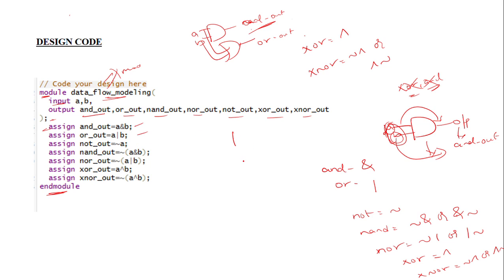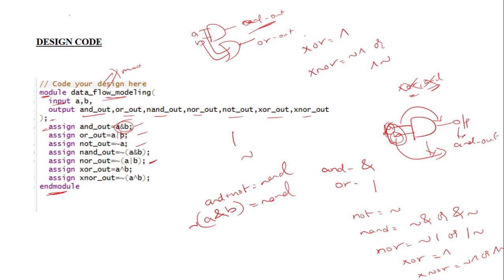For NOT there is an inversion symbol I have to write here. NAND is whatever you get from the AND gate output, with inversion, so AND plus NOT is our NAND. I simply do the AND operation between A and B and add the NOT, then I get the NAND gate. So I write it like this. Now NOR.